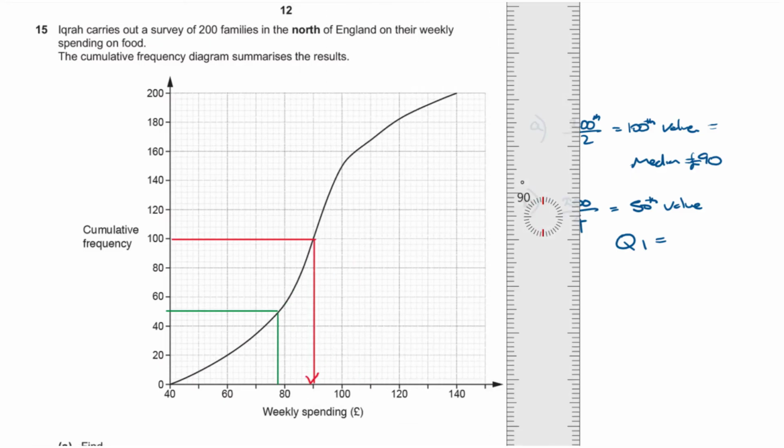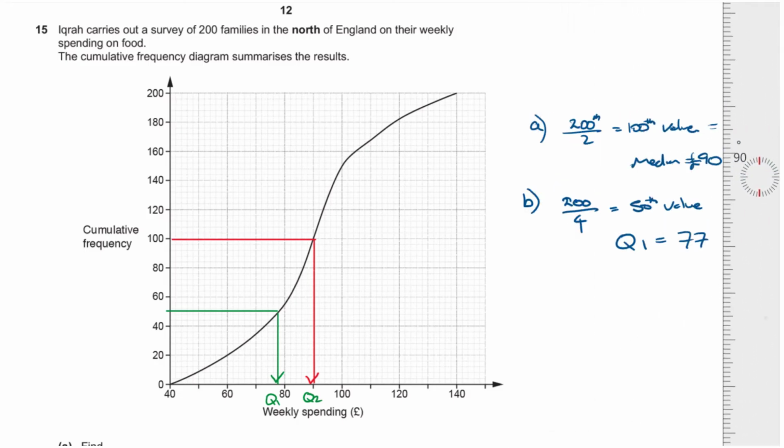So that is going to be my Q1. That was Q2, the median, wasn't it? So Q1 is, what was that on the scale? We've got 5 divisions between 10 units, and each one of those is worth 0.2. So I think that one is pointing at either 78 or 77. I think I'm going to go for 77. I'll read that as 77.